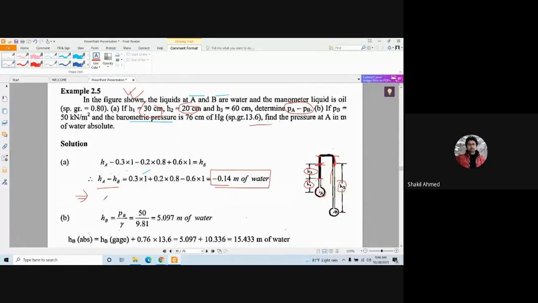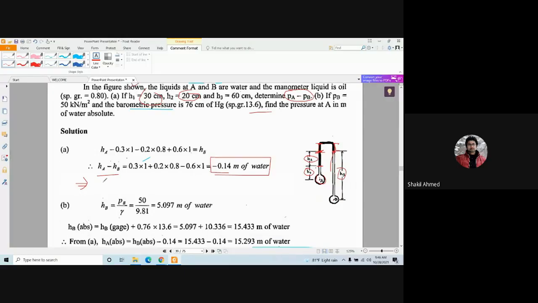You know HA minus HB. So PA minus PB equals gamma W into HA minus gamma W into HB. So gamma W times HA minus HB is what, guys?